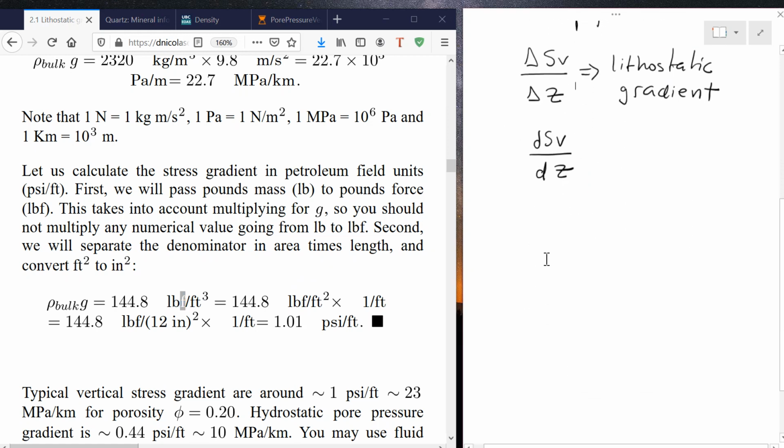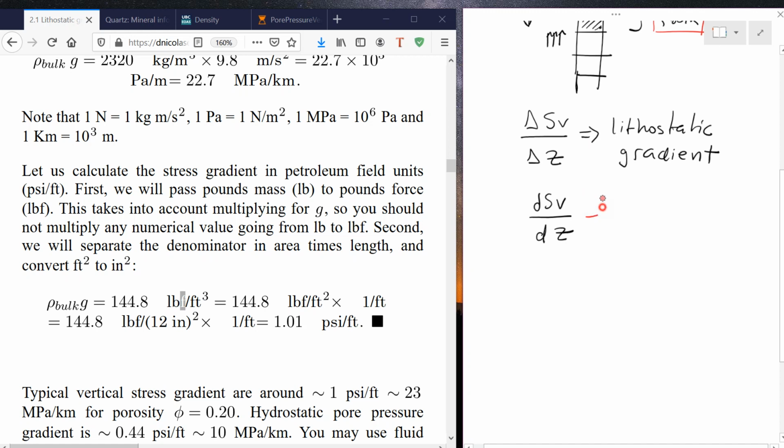When you are working in metric units, you should have your bulk mass density in metric units multiplied times G. If you're working in English field units, you don't have to multiply times G because G is already accounted for in the term pound force.